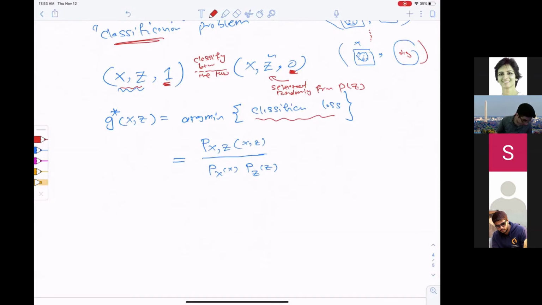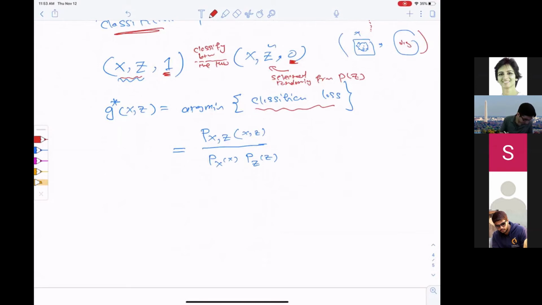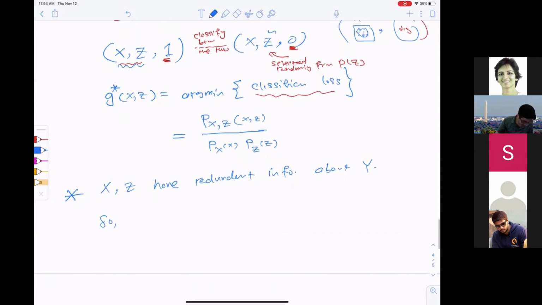All right, so let me move on. As I mentioned, the assumption is that X and Z have redundant information about Y. Therefore, if I'm just getting X, I'm going to do the following: predict Z first and then use that in order to predict Y. It should be a pretty decent way of solving this problem.